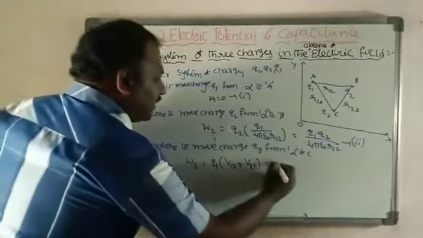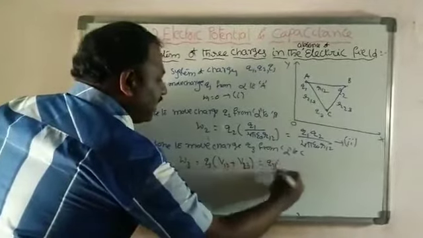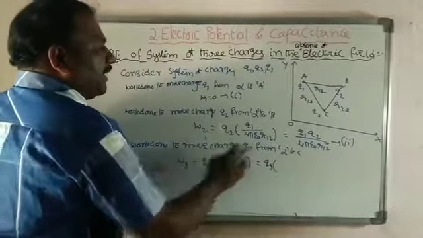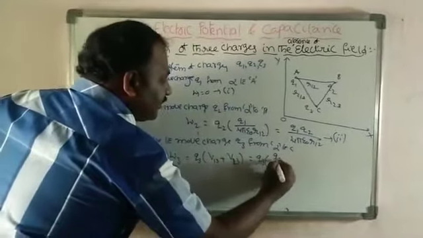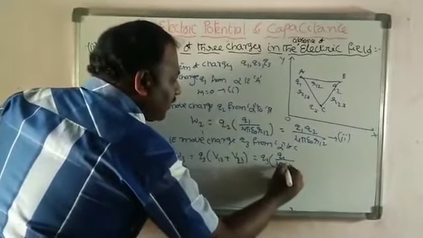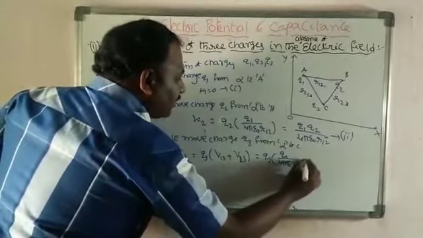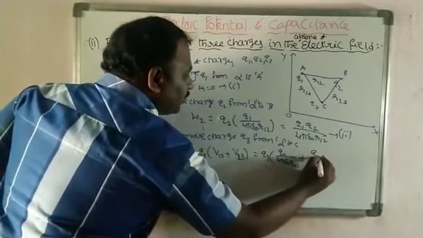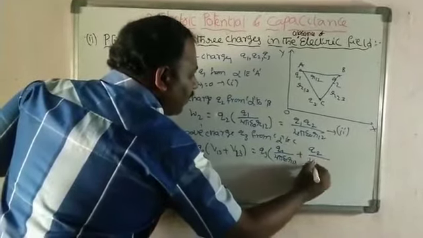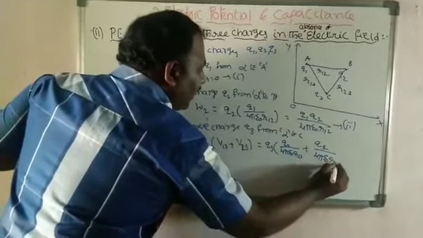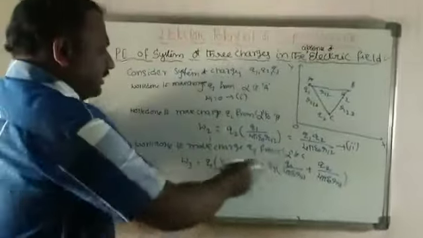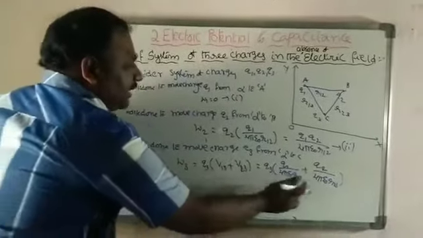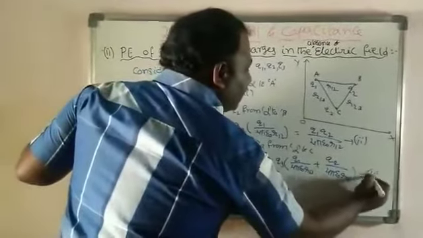By substituting here, this is Q3 into V13, where potential due to 1 on 3 is Q1 by 4 pi epsilon naught R13, plus Q2 by 4 pi epsilon naught R23. That is the potential, and this is the work done on the third charge.